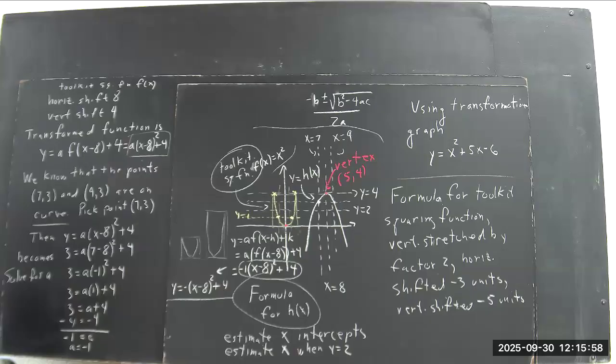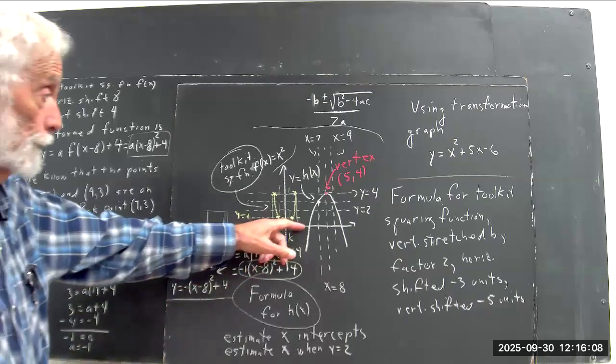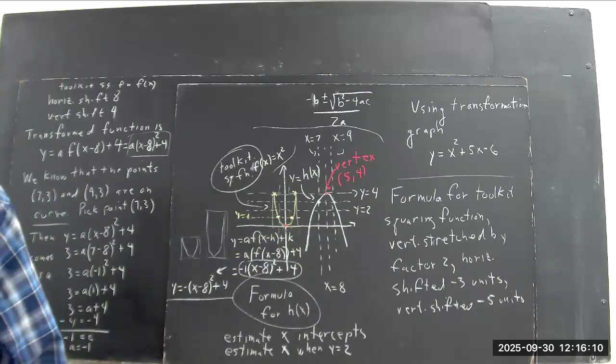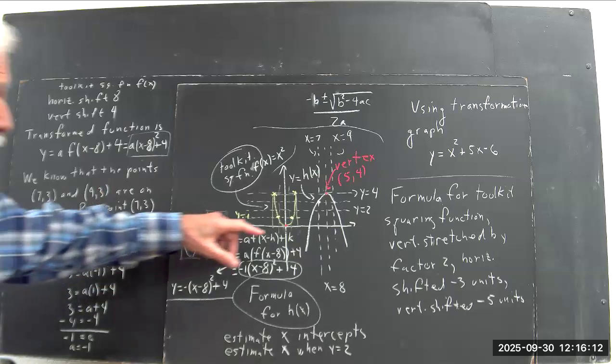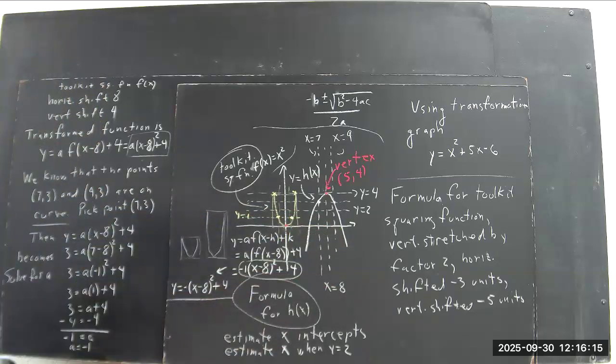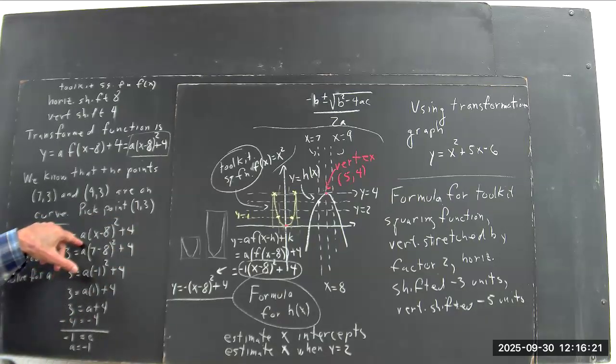Okay? That's pretty slick. If we'd put the coordinates of the point (9, 3) in there, that would have worked okay. If we put the coordinates of an x-intercept in, it'll work. Put any coordinates of any point on this curve into this form, we're going to get the value of a, and we're going to get -1.